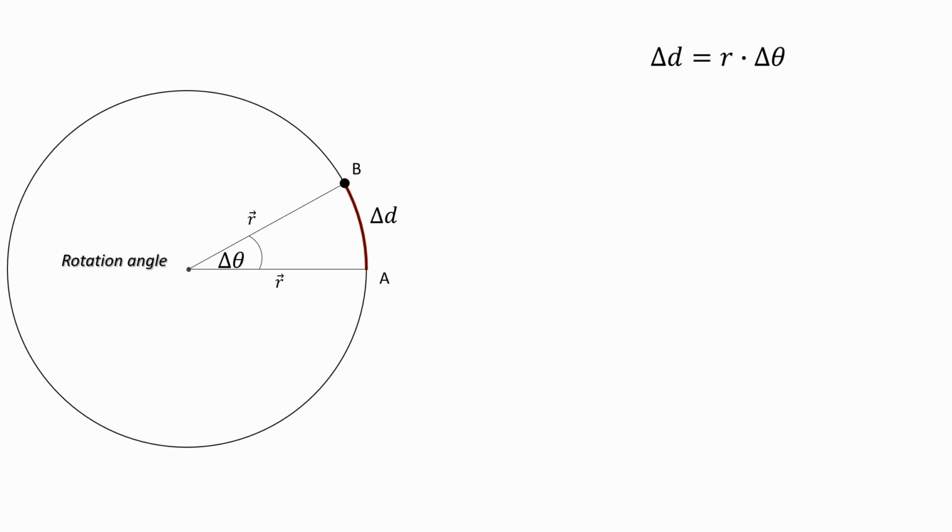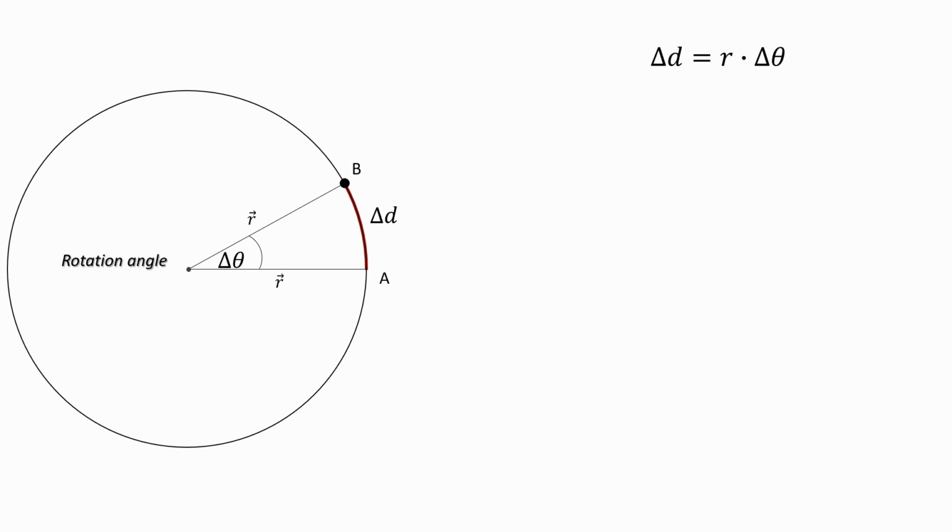The distance traveled is directly proportional to these quantities. However, calculating the actual distance delta d using degrees as the unit for the rotation angle yields an inaccurate result. Therefore, a new unit of measurement for angles is necessary.